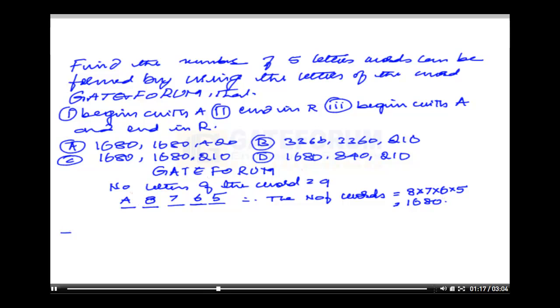Likewise, I consider another 5 spaces to fill 5 letters, and it should end in R. Therefore, I am filling the last letter with R, and the remaining 4 letters should be filled with the remaining 8 letters.